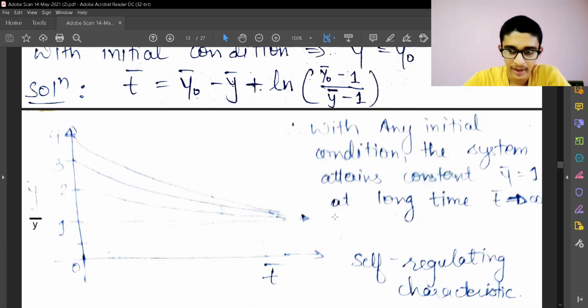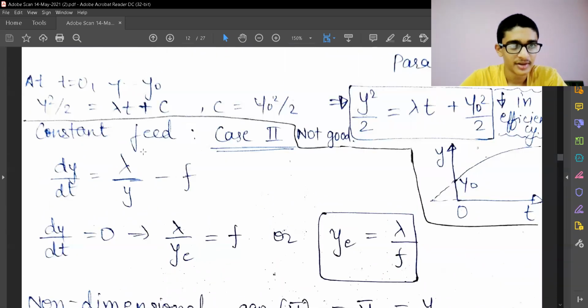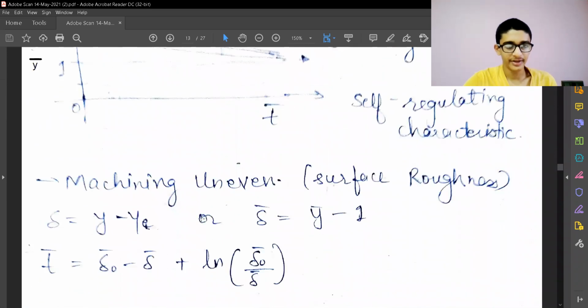Ideally, y bar equal to 1 will be attained when t bar is infinite, but it is coming very close to 1 at some respectable time. That means it has a self-regulatory characteristic when I use the constant feed rate case. So that's practically used everywhere.